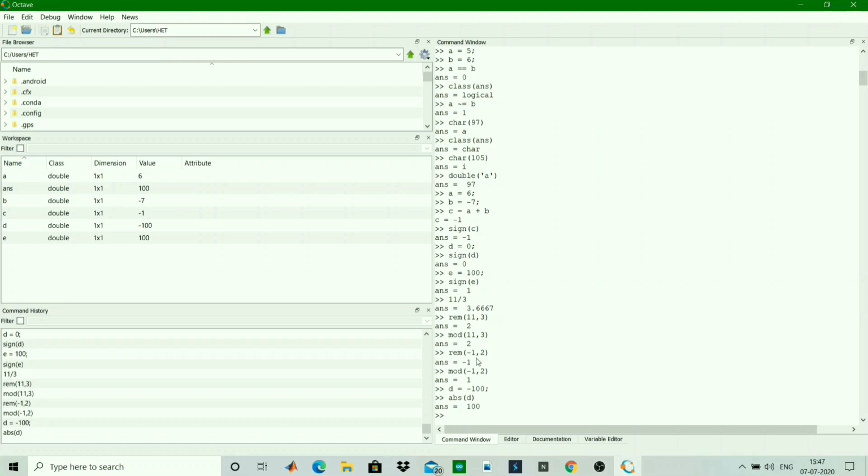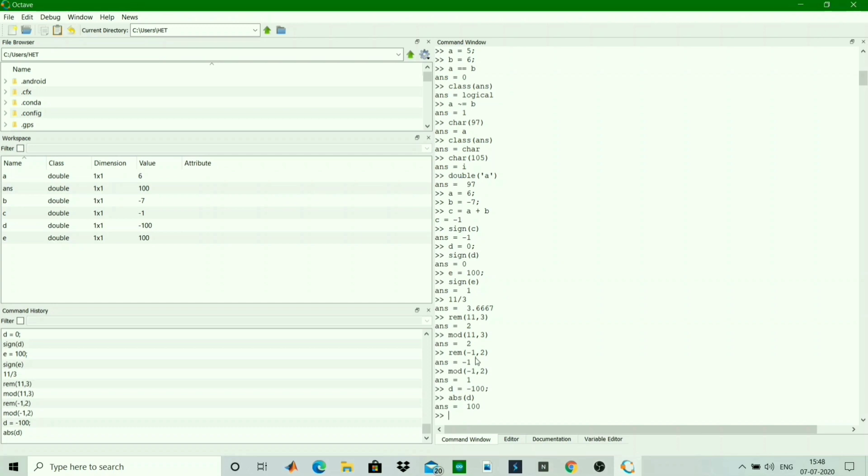So if d equal to 0, abs of d would result 0. If d is a positive number, then abs would not have any effect on the value of the number, but if the input variable, or d in our case, is negative, then abs would change the sign and not the magnitude.